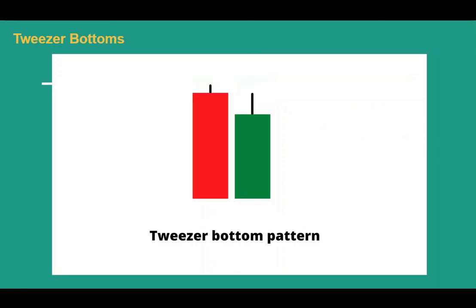Now let's move to the tweezer bottom pattern, which is the opposite of tweezer top. It appears at the bottom of a swing low and indicates a bullish reversal. The tweezer bottom pattern consists of a bearish candle followed by a green or bullish candle, as you can see here. In trading, the tweezer bottom pattern is significant because it's directly related to a trading entry.